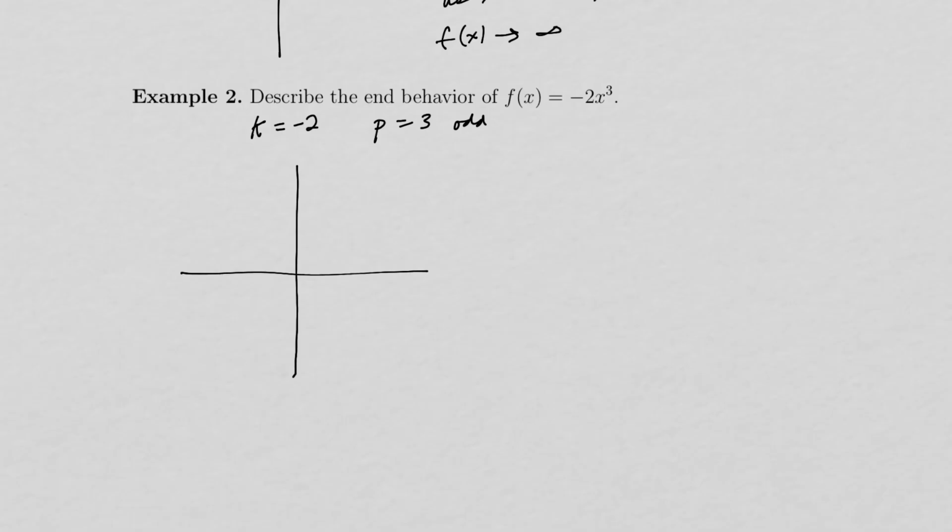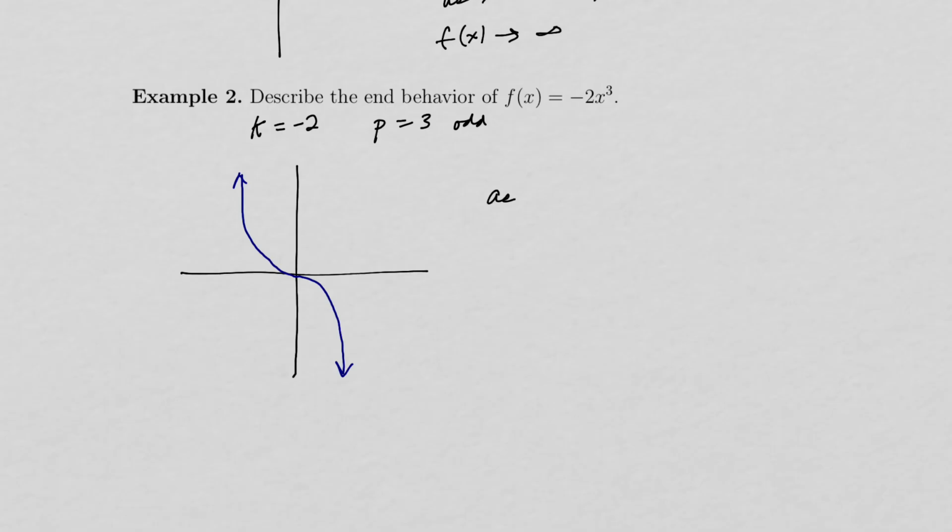So remember, a regular cubic function will do something like this. But because of the negative 2, it's going to be flipped. So it's going to look something like this. And the 2, by the way, will just make it grow faster. So something like that.